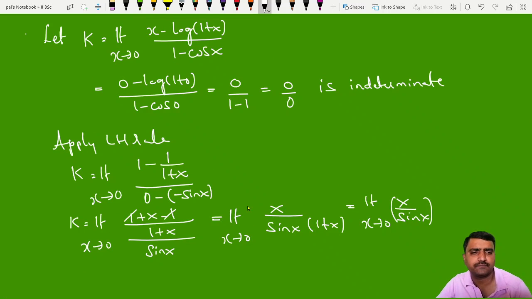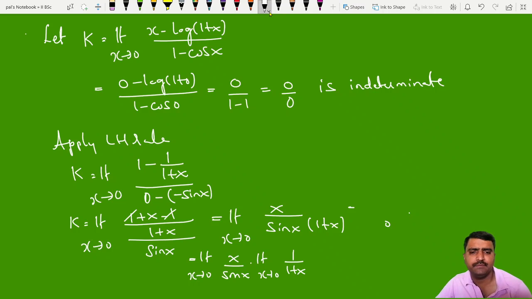You write this as the limit as x tends to 0 of x by sin x into the limit as x tends to 0 of 1 by 1 plus x.